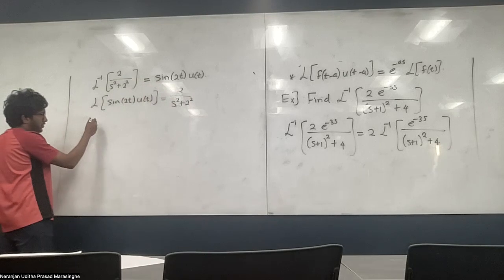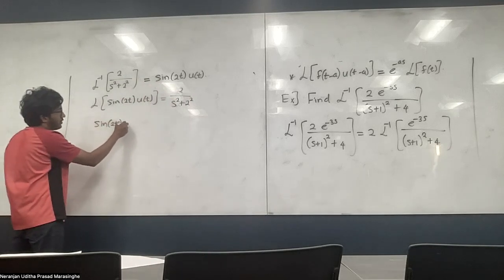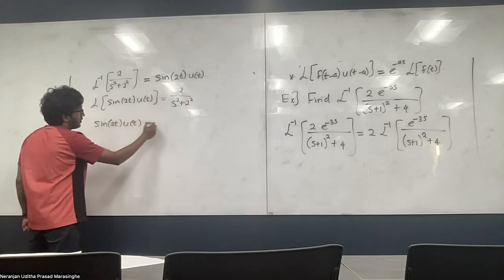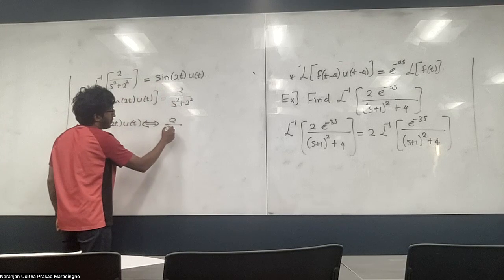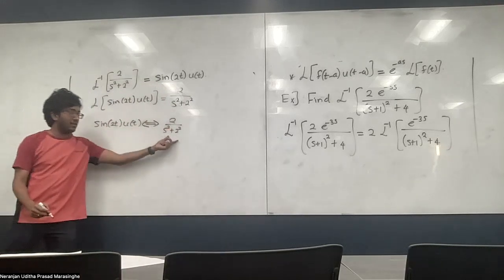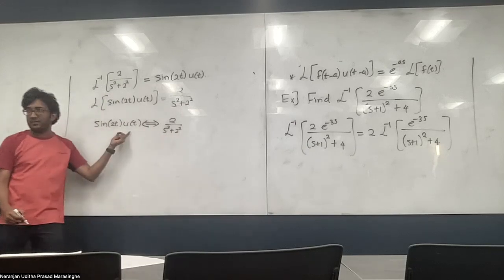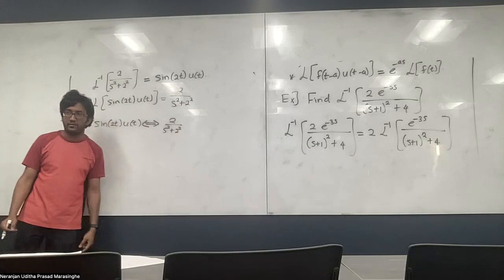So usually we write these pairs in this way: sine 2t u(t) is 2 divided by s square plus 2 square. That means the Laplace transform of this function is this one, and the inverse Laplace of this one is this one, right? So we are using these double arrows to represent that.